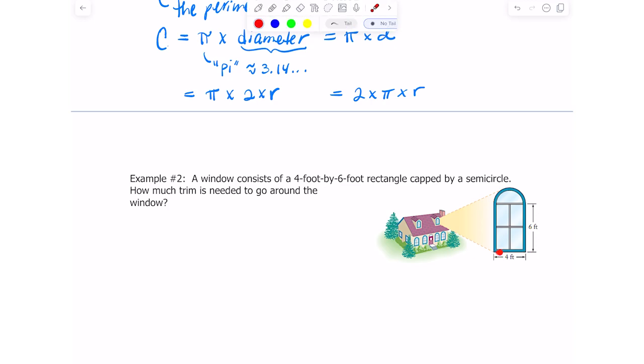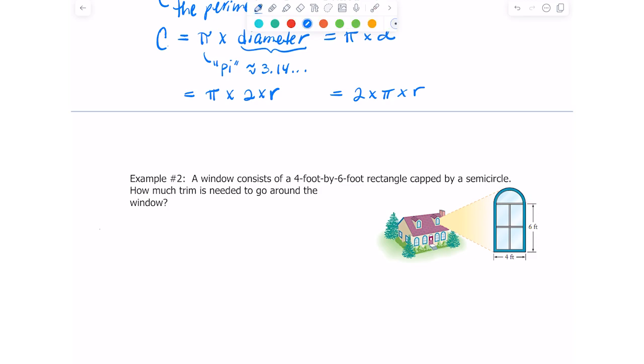We know we've got 4 feet here, and we've got 6 feet. And I know that across from the 6 feet, the length is also 6 feet. So this part is 6 feet, this part is 6 feet, this part is 4 feet. So we need to take that into account if we're trying to figure out how much trim, because we'll be looking for the perimeter. But then we also need to figure out this part here, which is curved.